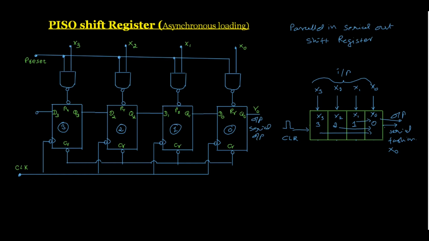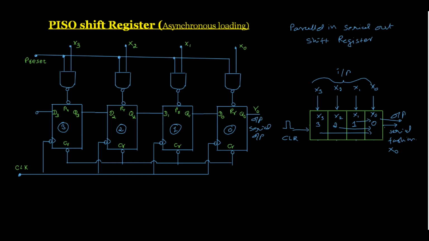Then second thing, if you see in the logic diagram, the clock is given to all the flip-flops in parallel. So simultaneously the clock is given to all these flip-flops. And these flip-flops are going to be triggered with the negative edge of the clock.